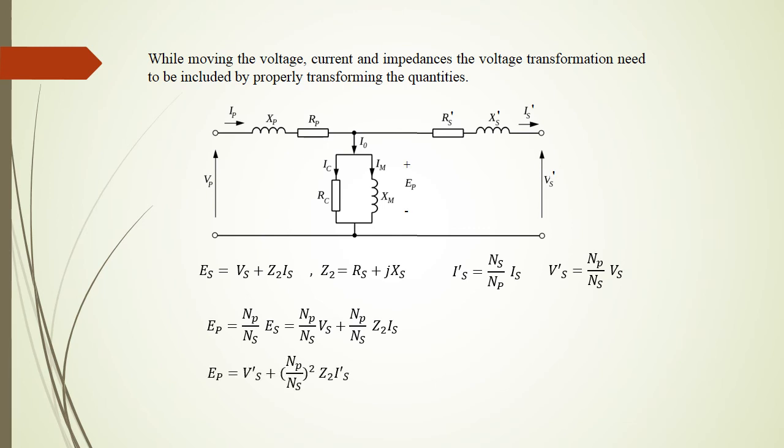The components, on the other hand, will be converted using the square of the turn ratio, and after converting everything to primary side or secondary side, we can calculate the voltage and current according to the parameters, and then we can get the realistic value.